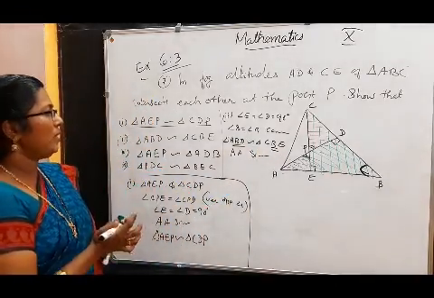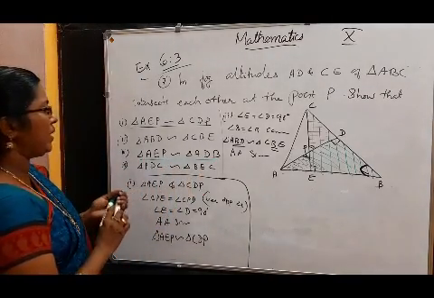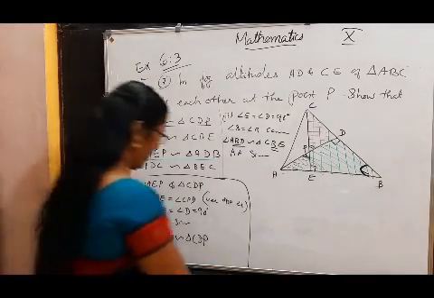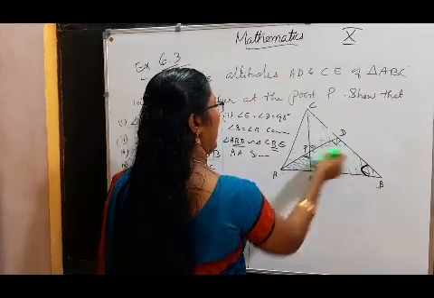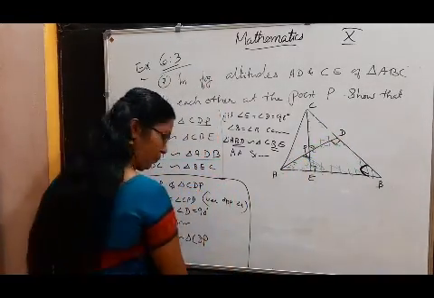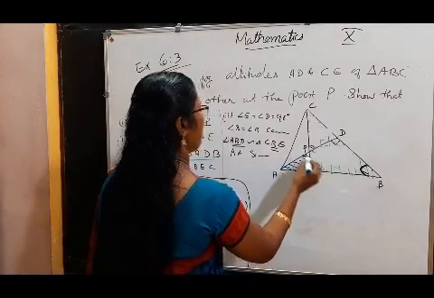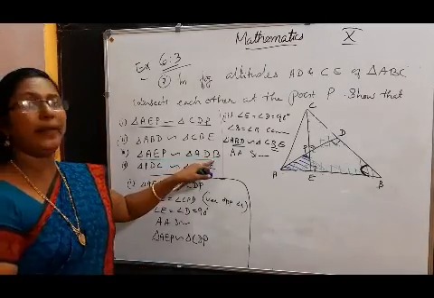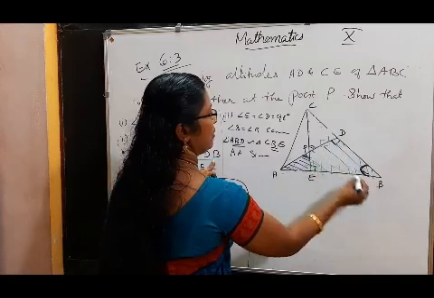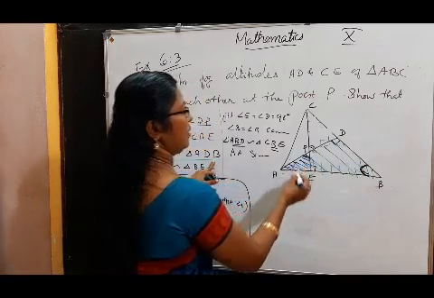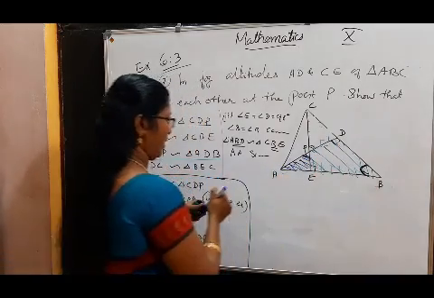Okay. Then the third one, AEP and ADB. Where is AEP? This is AEP and ADB, the larger triangle.